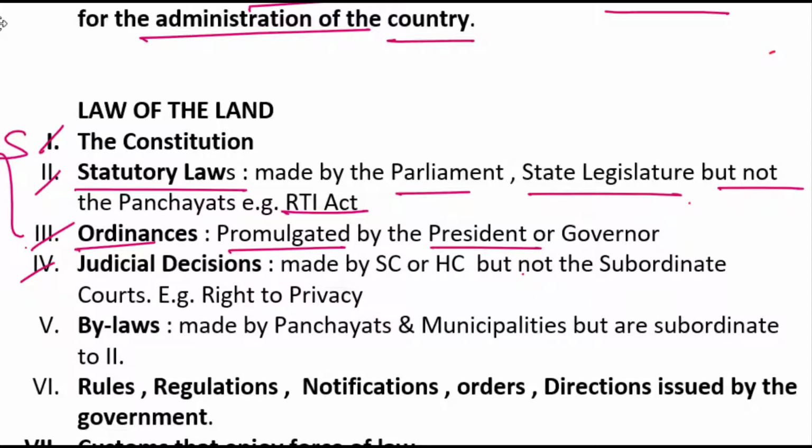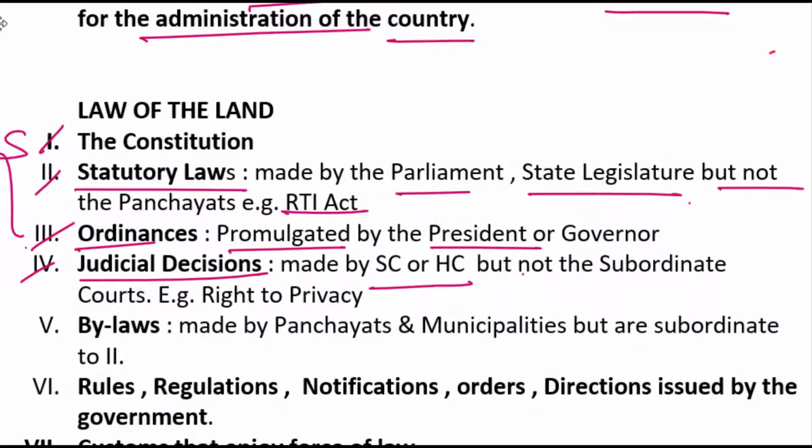So at fourth we have judicial decisions made by the Supreme Court or the higher court, which together is also known as the higher judiciary. Supreme Court plus the high court together is known as higher judiciary.